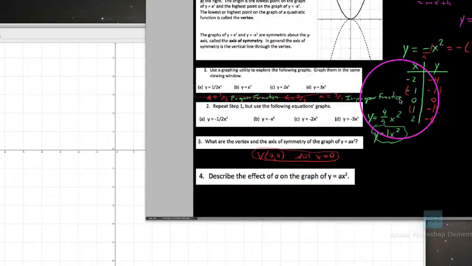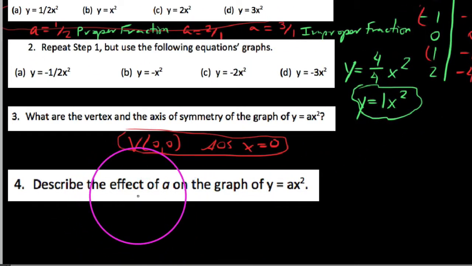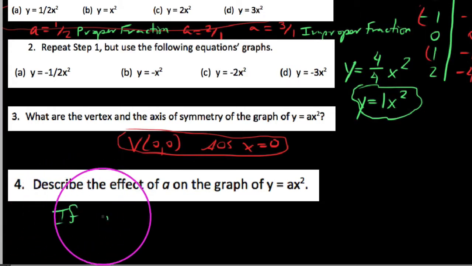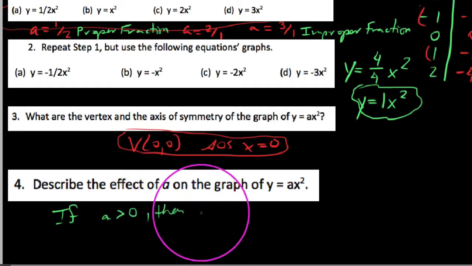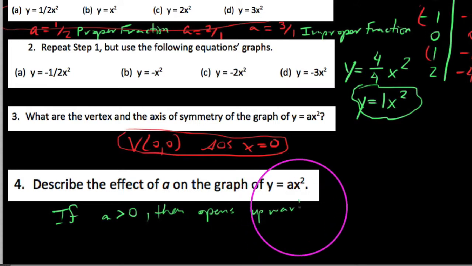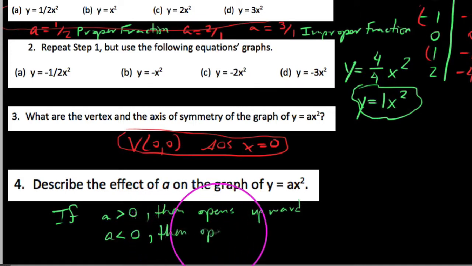So we're going to make a few quick statements about this and be done with this video. Down here at the bottom, we say describe the effect of a on the graph. We'll do a couple of if-thens. If a is positive, then it opens upward. This is very true about our a value all the time, and if a is negative, then it opens downward.